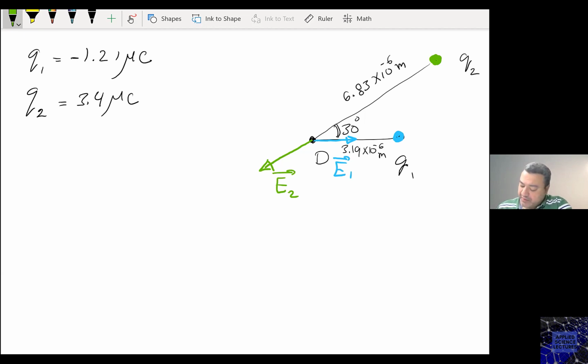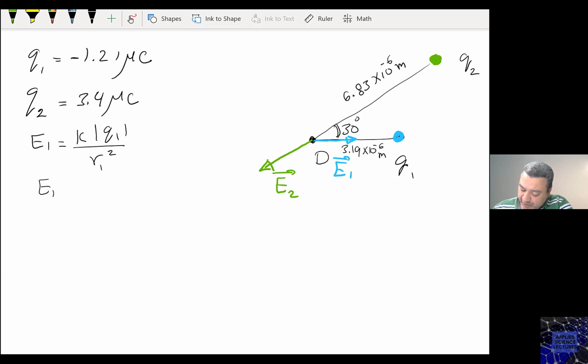Let's start. First, the magnitude of E1 is, again, K Q1 over R1 squared.